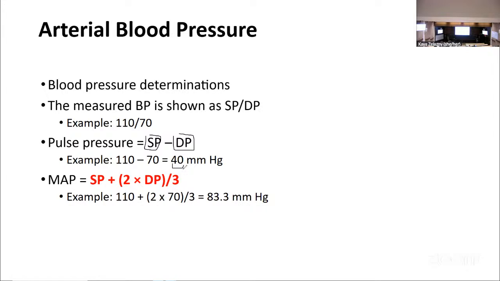Okay. But mostly what we're going to be talking about here in this class is our mean arterial pressure. So we saw before that we're going to be using this number when we calculate our pressure gradient in that flow equation, right? So this is going to be important for understanding the physiology of the cardiovascular system.